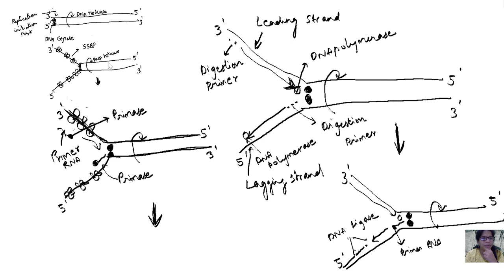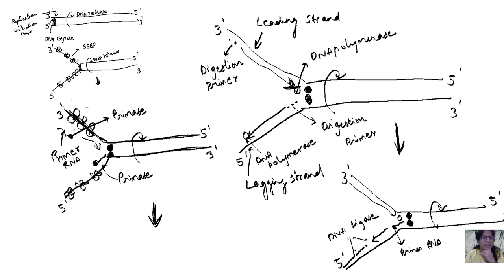Once the DNA has been separated or melted, immediately SSBPs, called single strand binding proteins, come and attach to the 3 prime side and also the 5 prime side of the DNA fork, because these strands have to be stabilized as single strands only.